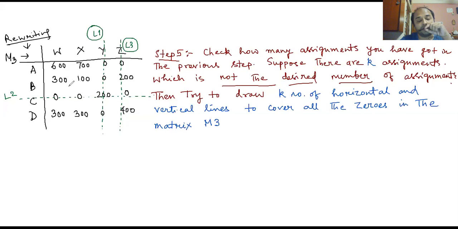Both of us are going to get the same answer ultimately, but the number of tables I have to draw further may be more than the number of tables drawn by you. I don't know which of these two will be the correct approach until I actually proceed.